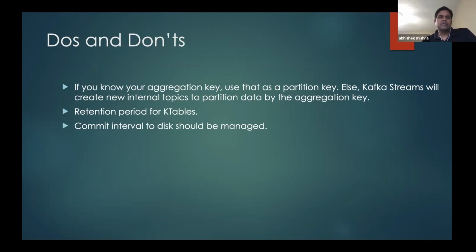In the group by key that we saw in the code, the aggregation key that you'll be using for the aggregation, if that key is not part of your Kafka message in the topic, Kafka Streams will internally create a topic and route whatever you're grouping by to a specific partition.